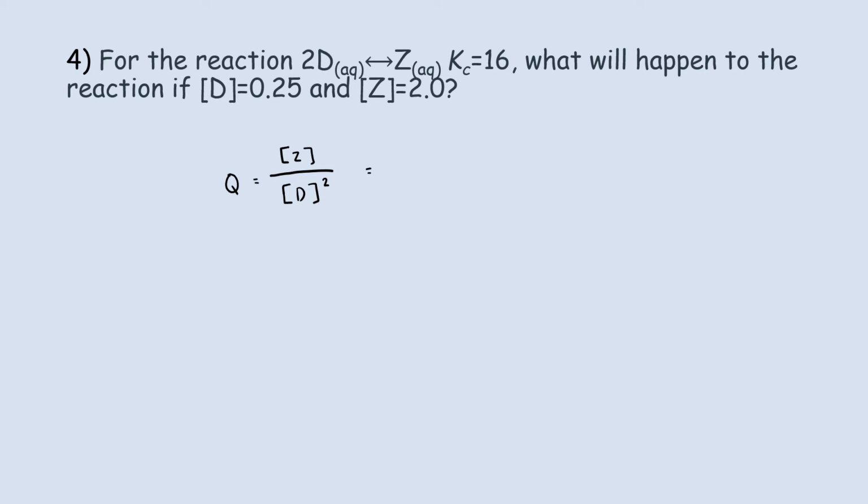When we plug in our numbers, we'll have 2.0 divided by 0.25 squared, and that will give us 32 for Q.